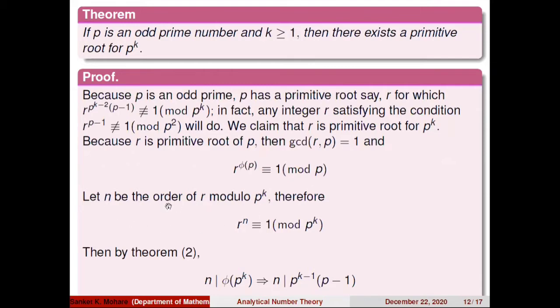Let n be the order of r modulo p to the power k. I repeat, n is the order of r modulo p to the power k. So this implies r to the power n is congruent to 1 modulo p^k by the definition of the order of r modulo p to the power k. We have discussed the definition in the first lectures. So here I have r to the power n is congruent to 1 modulo p to the power k.